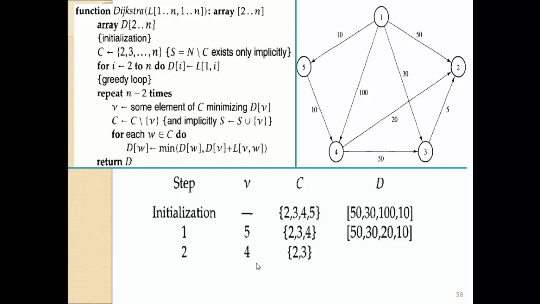Again, we have to execute this loop for w is equal to 2 and for w is equal to 3. When the value of w is equal to, for example, 2, at that time d of 2 is equal to minimum of d of 2, that is 50, and d of v, that is d of 4, is equal to 20.